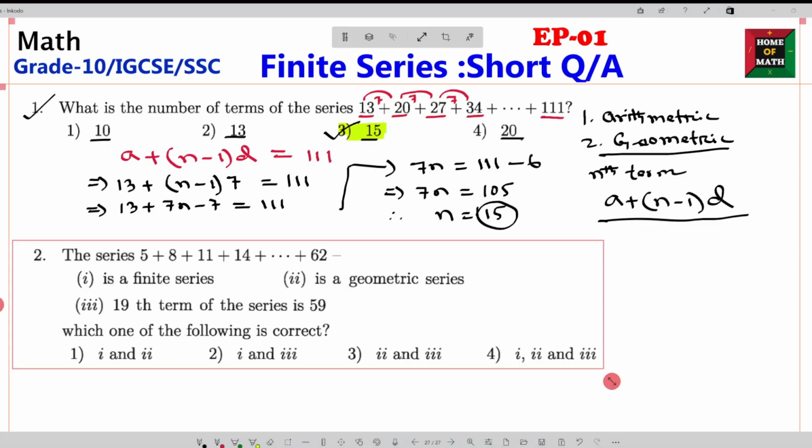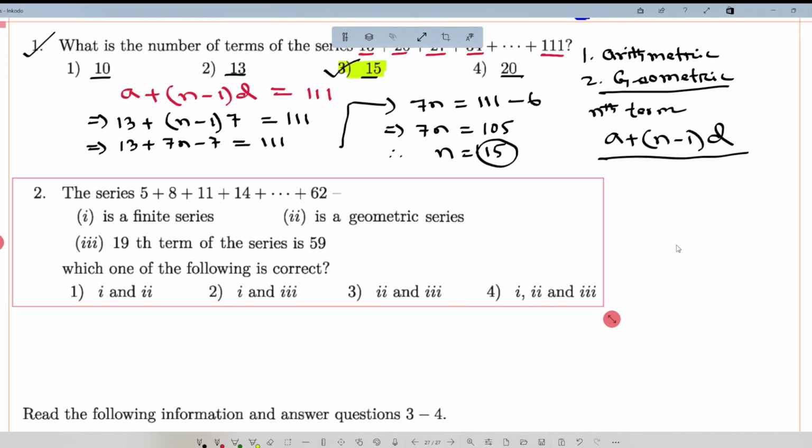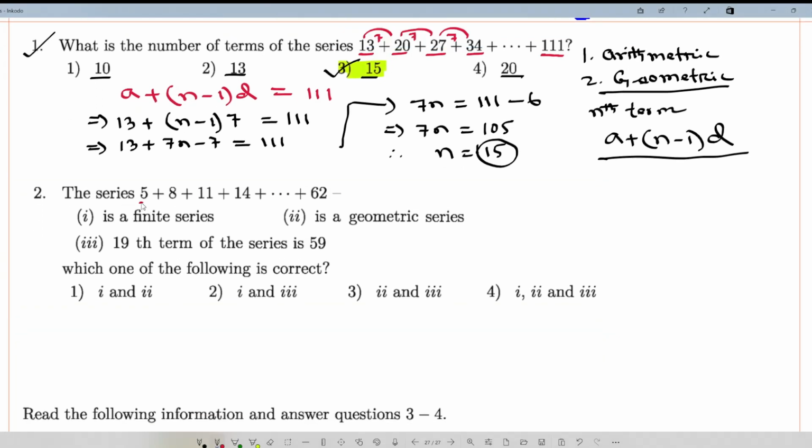Second question, the series 5 plus 8 plus 11 plus 14 plus dot dot dot plus 62. Is it a finite series? Yes, it's a finite series, because 62 is the last number and it stops here. The sequence goes 5, 8, 11, 14, and the difference between each term is 3.